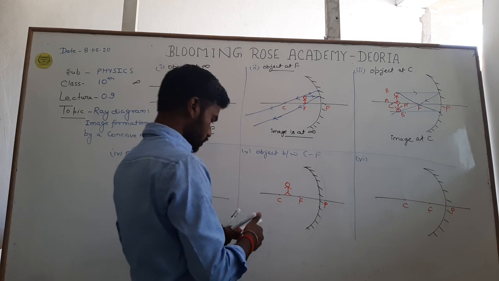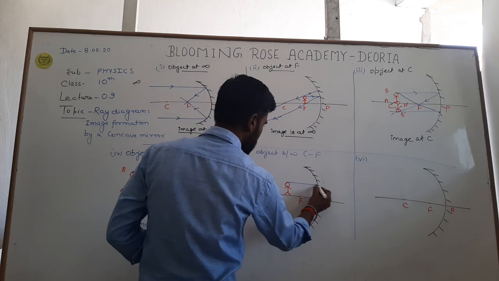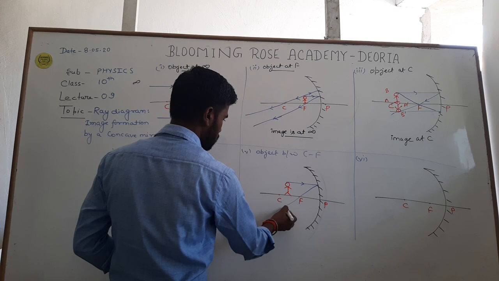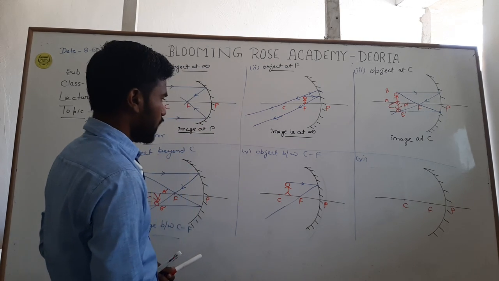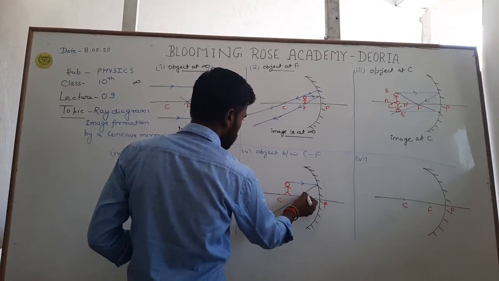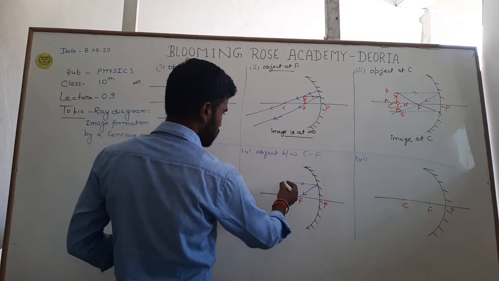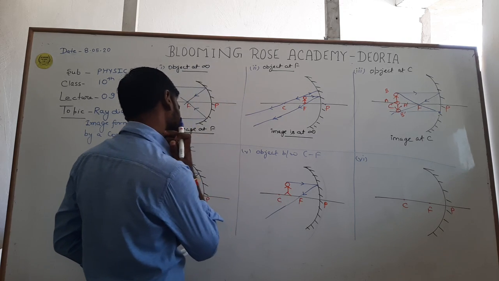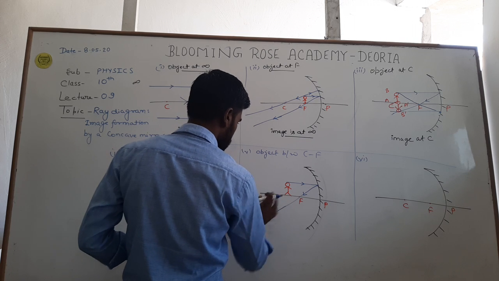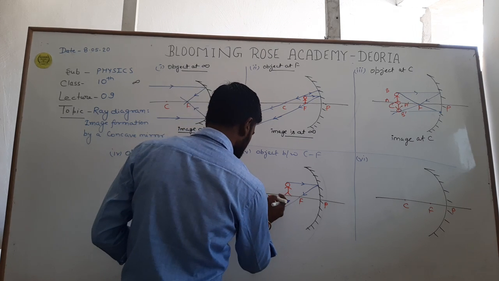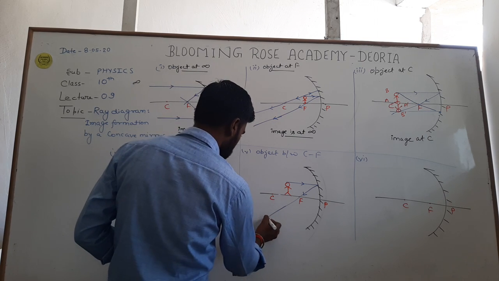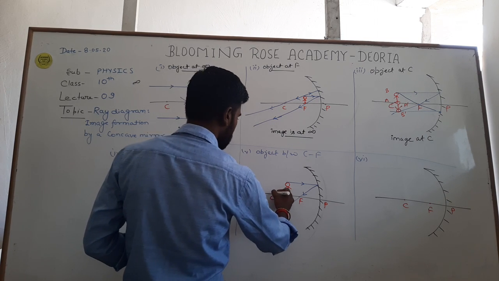Here again the rays are parallel to the principal axis and it will pass through the principal focus here. And for the second condition, when it passes through the center of curvature, for accuracy you put the center of curvature here and extend it.